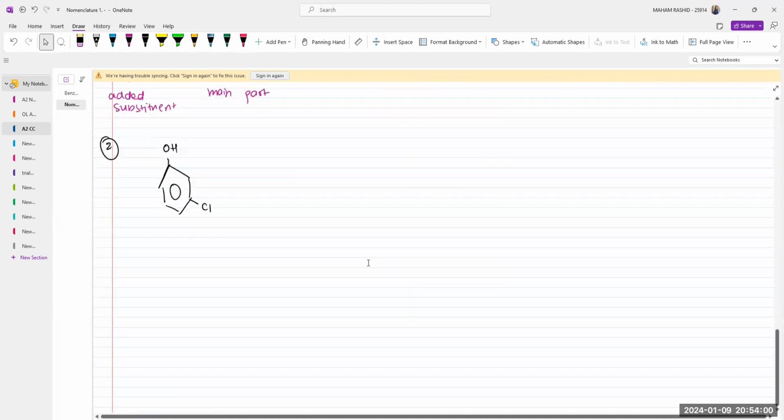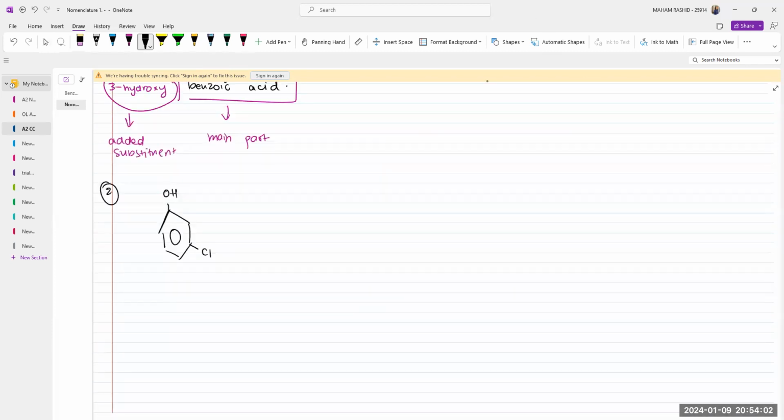Now there are rules that you need to remember. If your carboxylic acid is part of the root name, it's going to be named benzoic acid. If your OH group is part of the root name, it's going to be named a phenol.